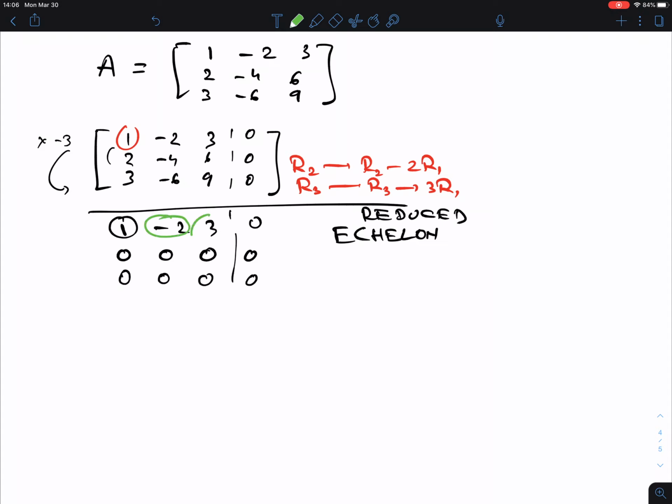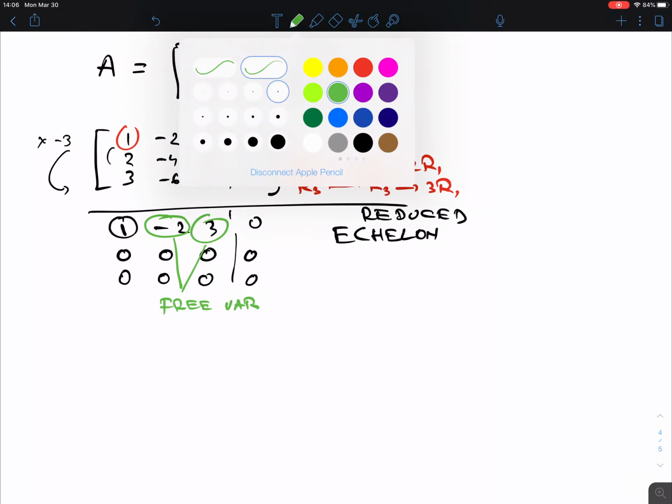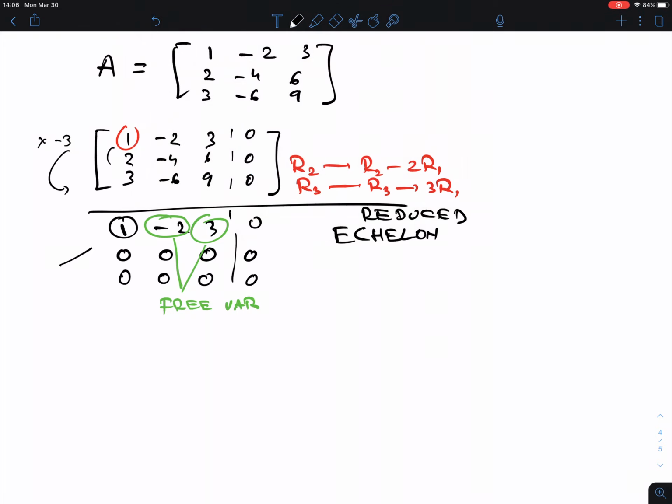The non-pivot columns are the free variables. These were the free variables, and this was the pivot variable. What these things tell me is that, thinking of this as x1, x2, x3, this is 0.